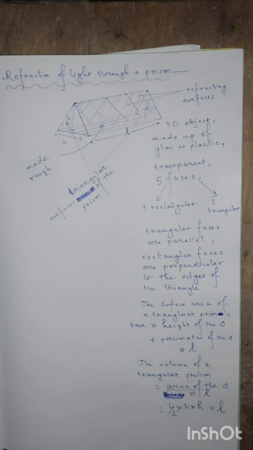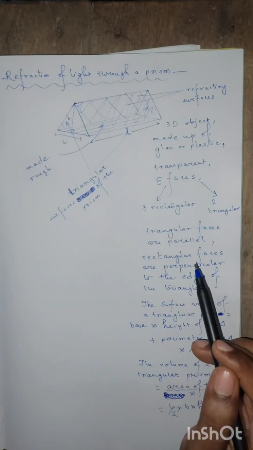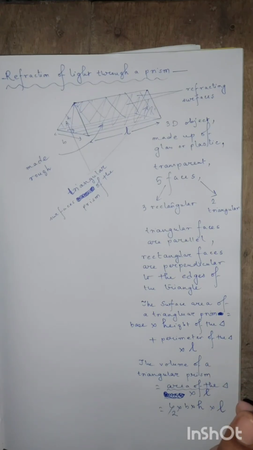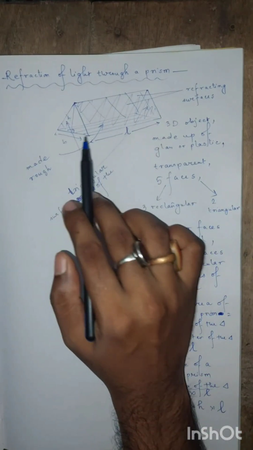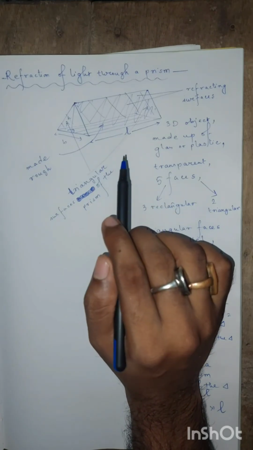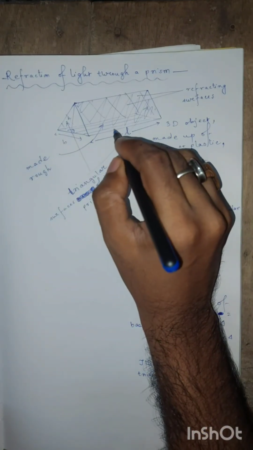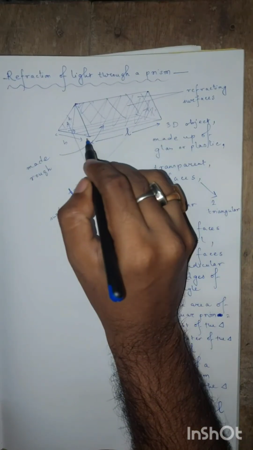In mathematics, we take it as bases, but in physics, when we think about a refracting prism, the lower surface, which is the rough surface, is called the base. That means the lower surface is the base.